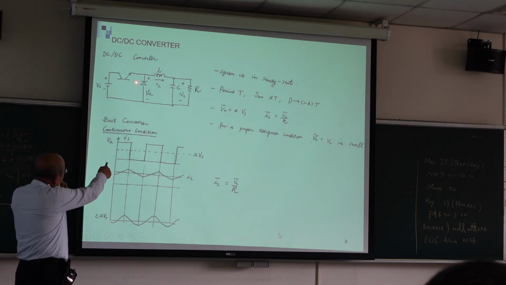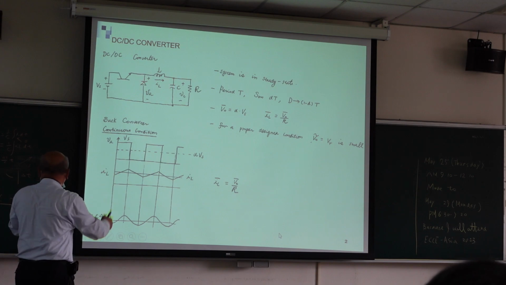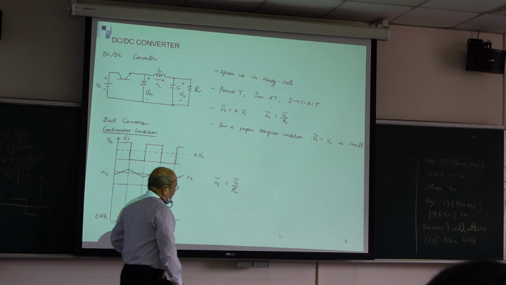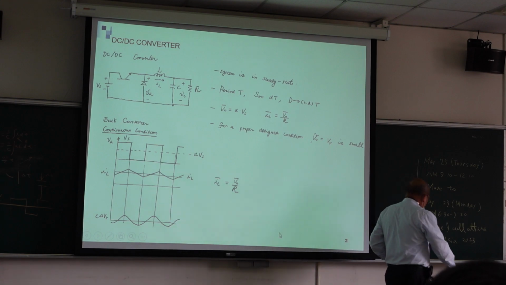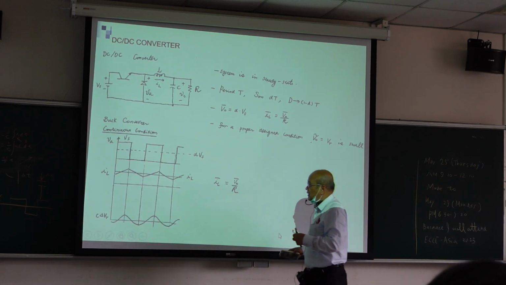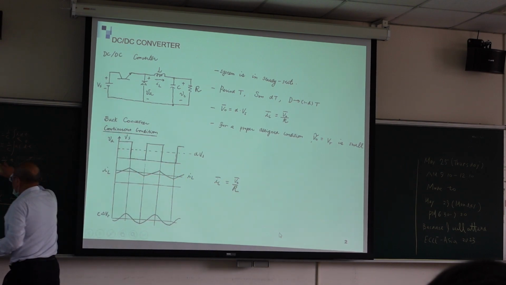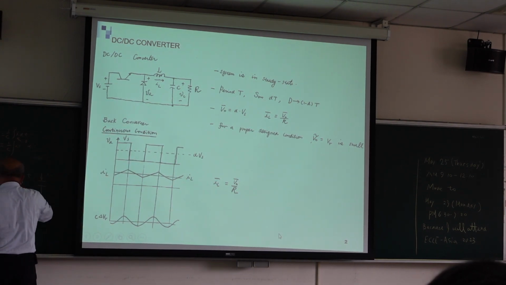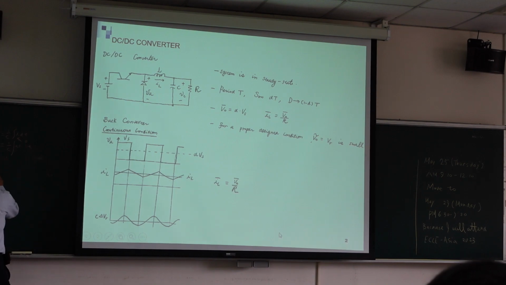How about this current? The ripple. So we can see the relationship. We want to learn about the inductor current ripple. So we have the inductor here, we have the load here. We have the switch here, we have the diode here, we have the voltage here.